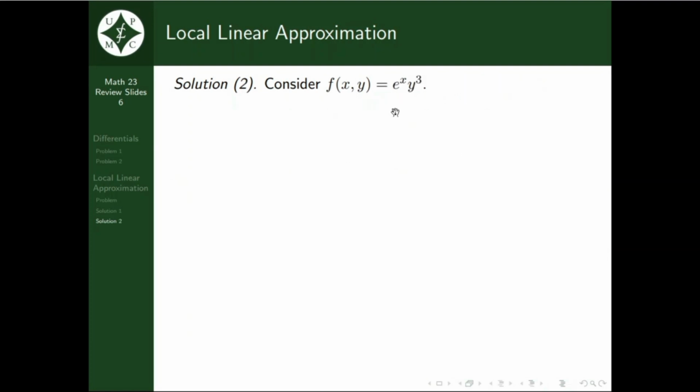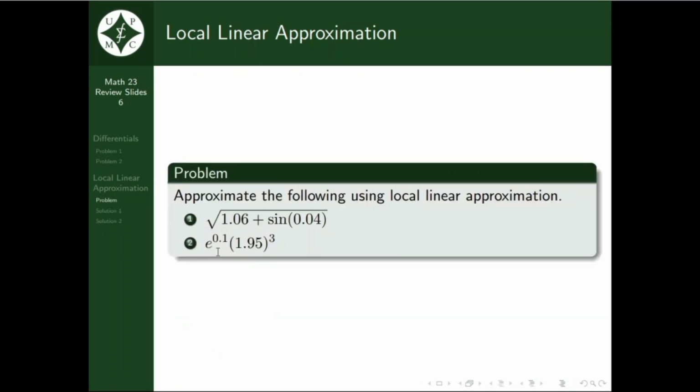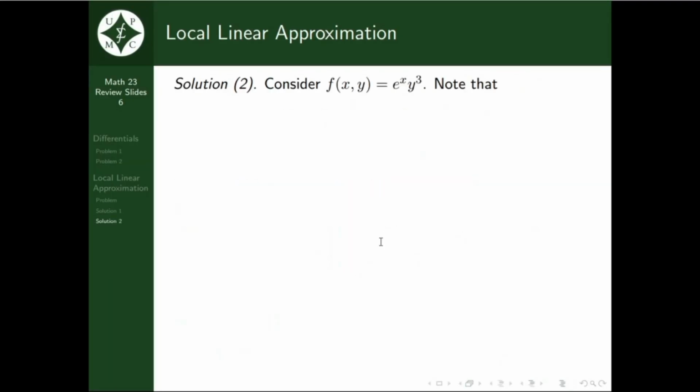So, for the second part naman, yung function natin, since we need to approximate, balikan lang natin, e raised to 0.1 times 1.95 cubed. So, we let that be e to the x times y cubed. Yan yung gusto nating function for the second part.